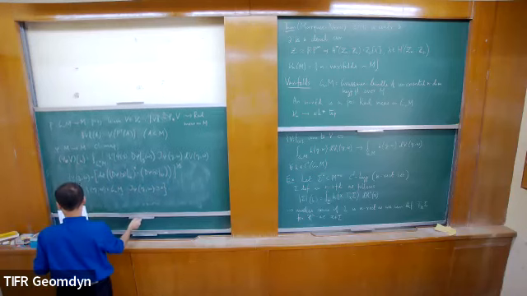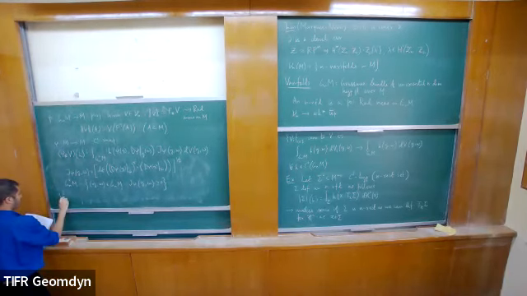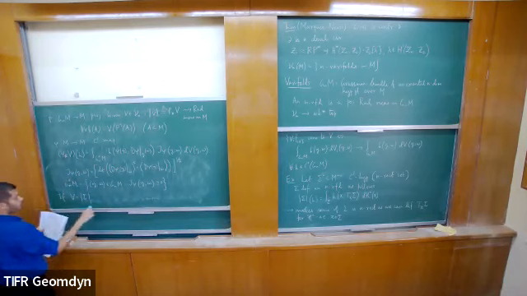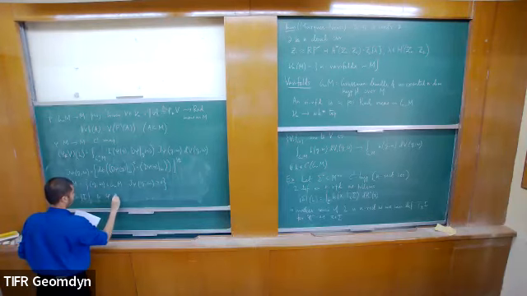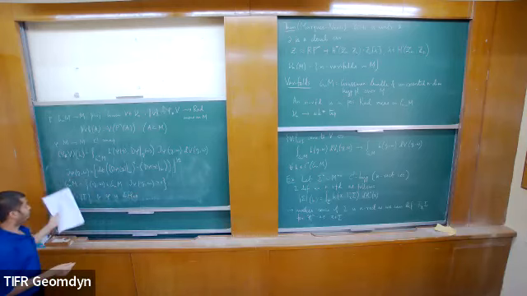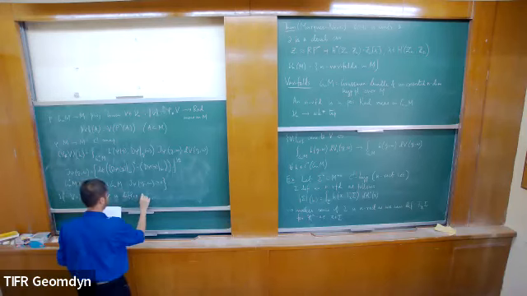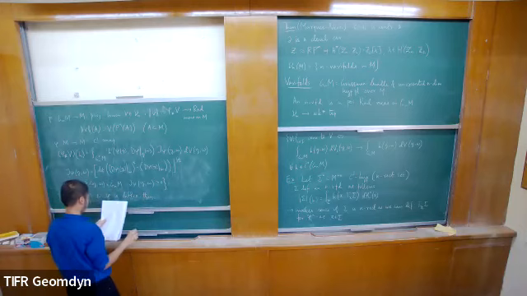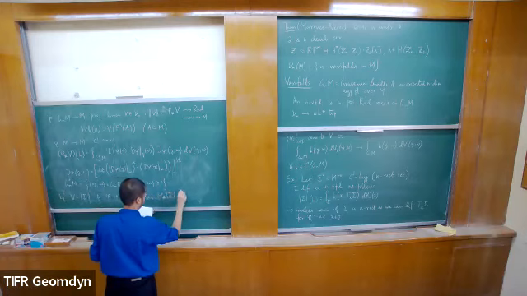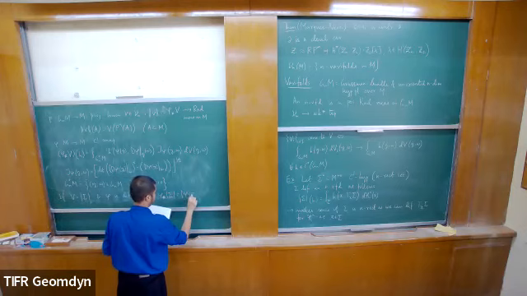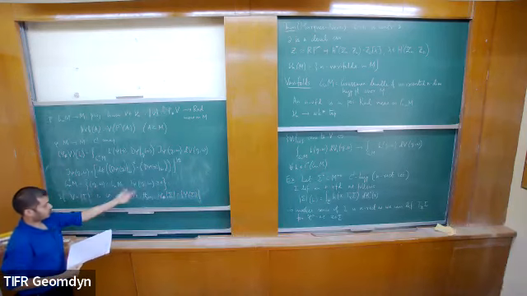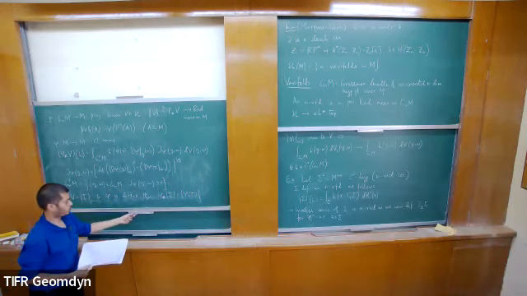But if we restrict ourselves to the case when V is a varifold defined by a hypersurface and phi is a C1 diffeomorphism, then using the change of variable formula, this just means that phi push forward the varifold defined by sigma is just the varifold defined by phi of sigma.